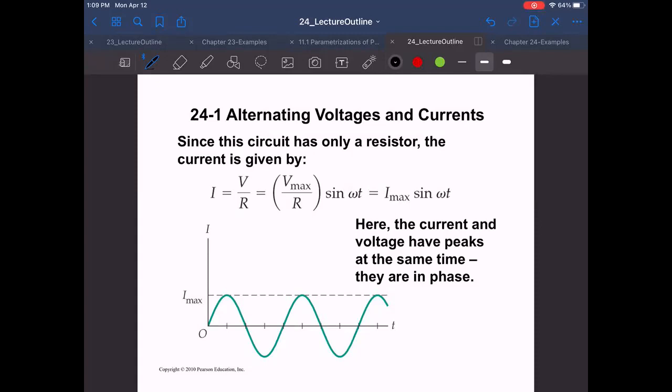This is voltage as a function of time, and this is current as a function of time. The voltage as a function of time is V max times sine of omega t. Plug it in, and V max over R is our maximum current, because when we have the maximum voltage is when we get the maximum current. Just to write it once here for you, I as a function of t is I max sine omega t. Sorry, I kind of crammed it over onto there.